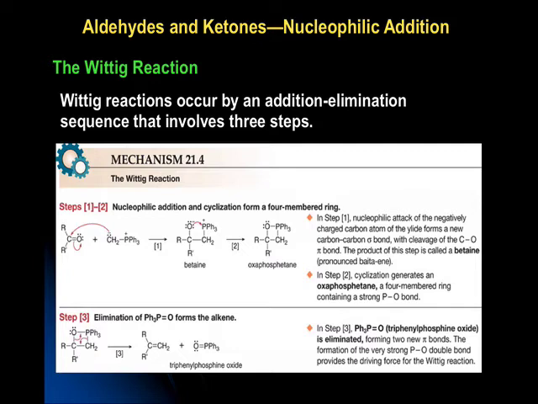That's why all of these are drawn as just going in one direction, not as equilibrium. Okay? The mechanism's pretty straightforward. You know that wherever you have that carbon-oxygen double bond, that's where you're going to have the carbon-carbon double bond in the end. Right? But it goes to these two intermediates, the betaine and the oxaphosphetane. Okay?